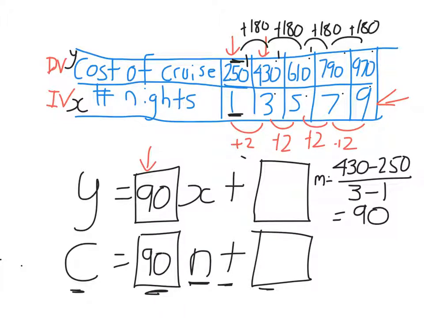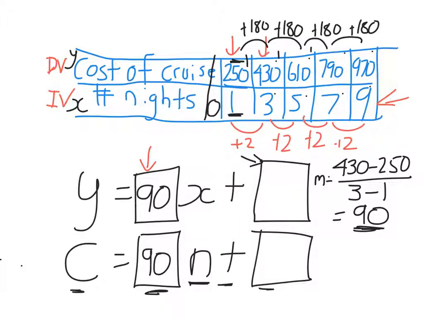So then we've got to figure out what goes here. So remember, what goes in that box is the value of the dependent variable, the y value, when the x value, the independent variable, equals 0. So you might be able to figure this out using logic. Because we're going up by 90 each time I increase the x variable by 1, I could put another column here.